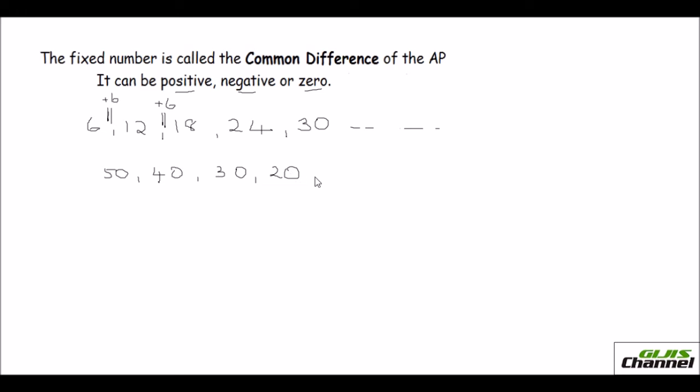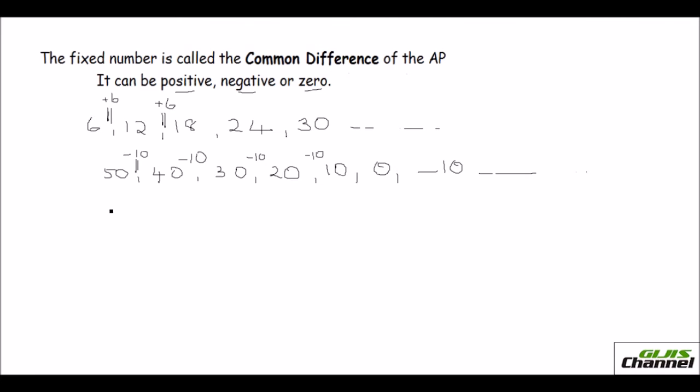Likewise, it keeps going, okay? Now you find I keep reducing, minusing 10 from each term, right? So the common difference here is minus 10, okay? So here the common difference is minus 10 throughout.